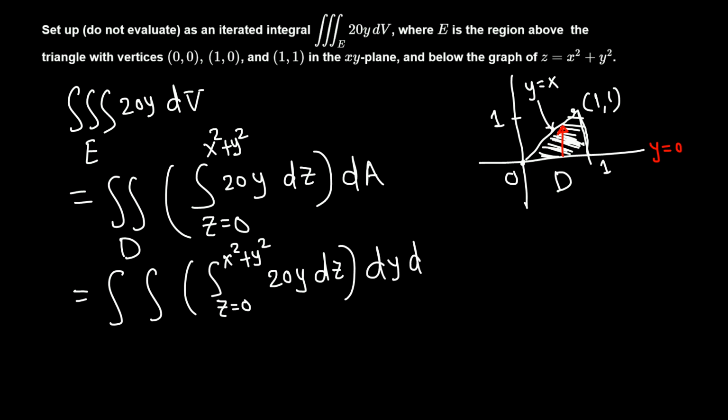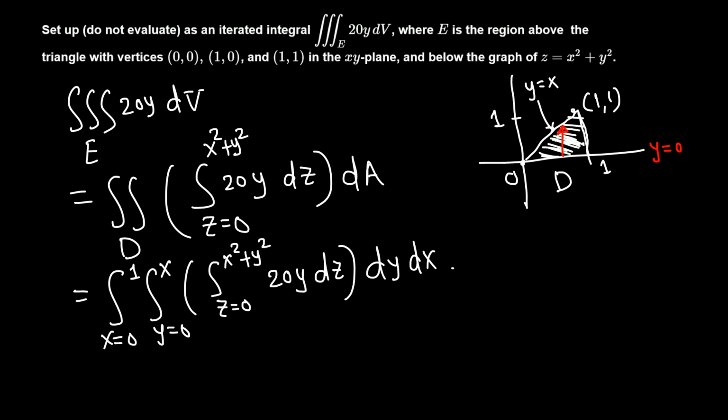We write dy dx, like type 1 if you know the types, and here x goes from 0 to 1 and y goes from the lower curve 0 to the upper curve y equals x. Okay, if you want to evaluate, this is it.